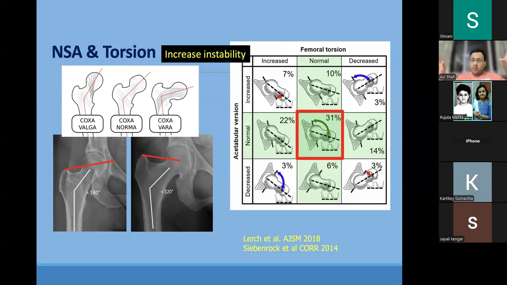But if you see the white outliers, you can see with increased or decreased femoral or acetabular torsion, you can have FAI symptoms just because of torsion itself. So be very, very careful with your clinical examination, as the patient may not have any other pathology other than just torsion, and torsion can cause problems in the long run. So it is not like just leave it alone. Be very, very wary of torsion.